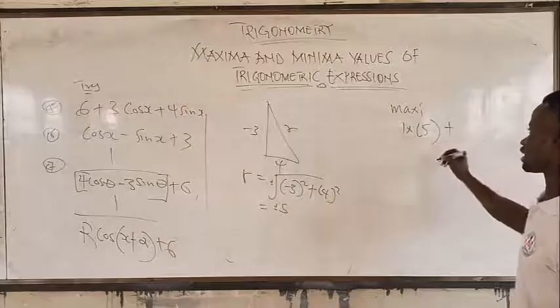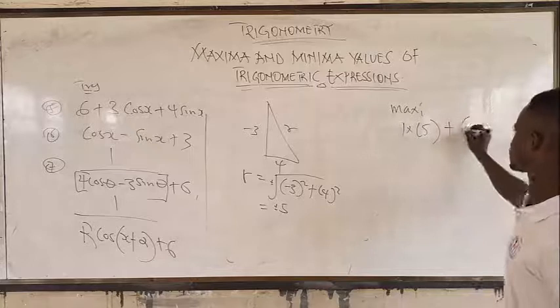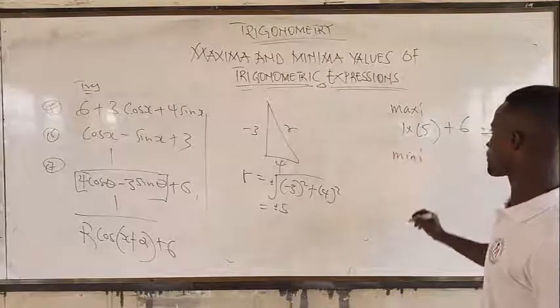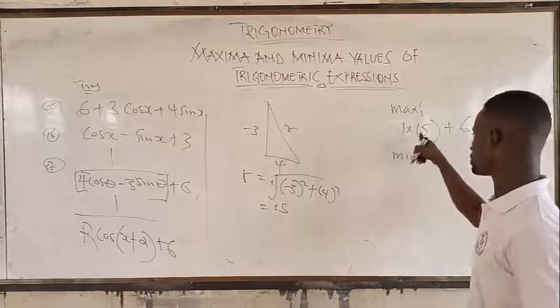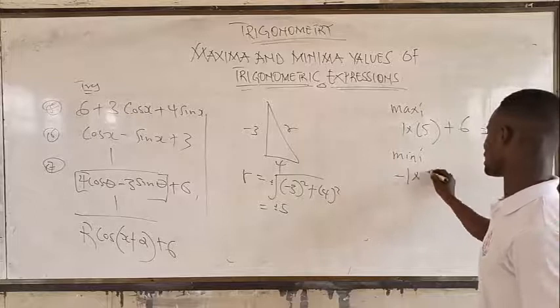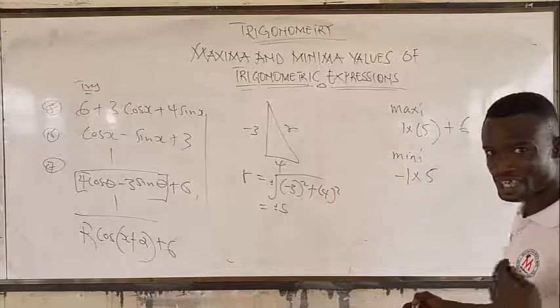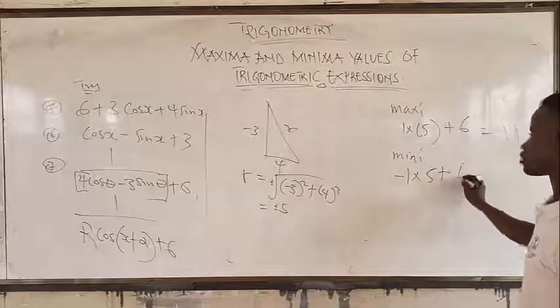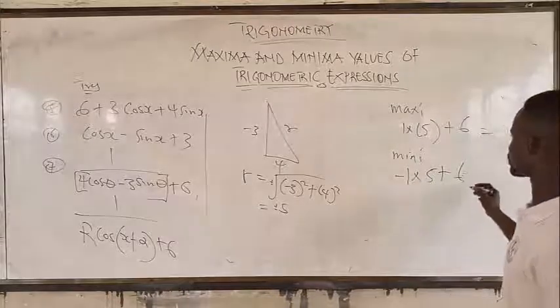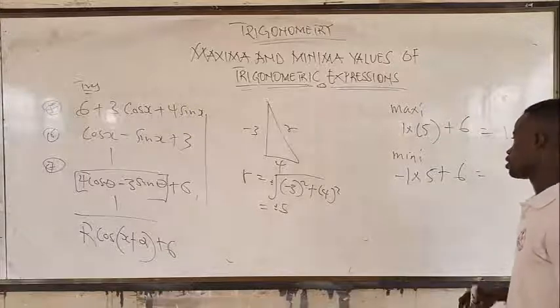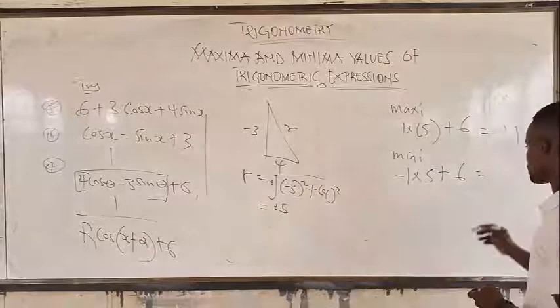Then you add it to 6. And this gives 11. And for the minimum, the same way, that is going to be negative 5, plus or minus. Then you add it to 6. And this is going to give you 1.